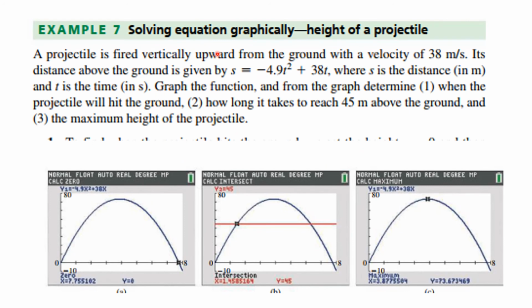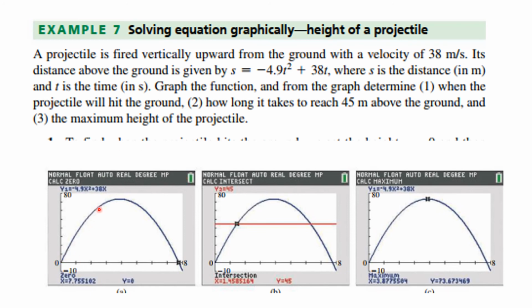Now you can solve these problems graphically, and that's how your book talks about it in this section, but we don't need to do that, and John and I are not asking you to do that. So here we have s is equal to this equation, but I want to talk conceptually. You see this is negative, so it is going to open downward. That means you're throwing this thing into the air.